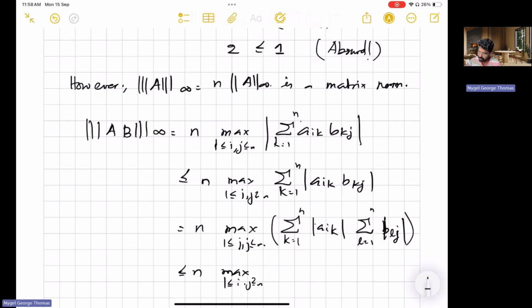Max over 1 ≤ i,j ≤ n of the max over 1 ≤ k ≤ n of a_ik. We're just adding it up, so this is a sum. We still have the sum, yes.